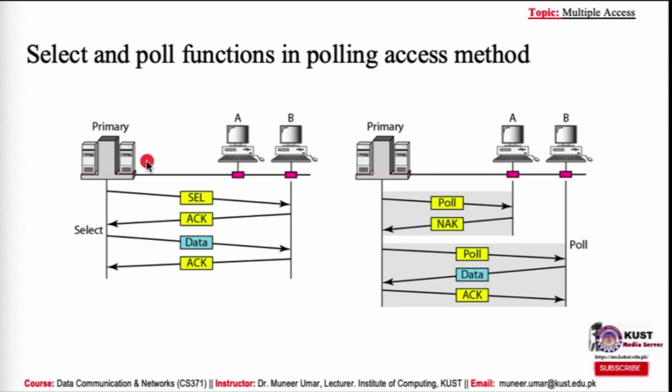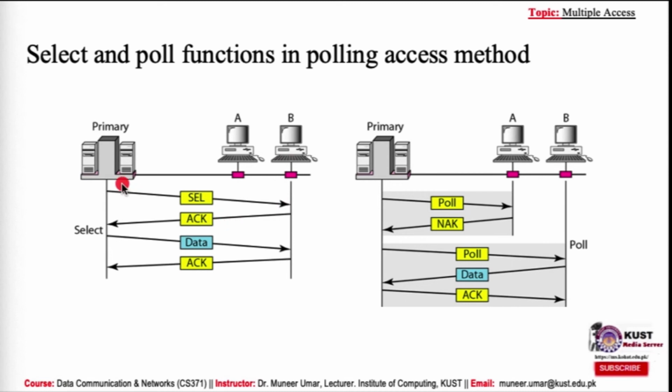Sending is not an issue for the primary device, but the issue might be whether A and B are prepared for receiving or not. So before sending, the primary creates and transmits a select frame, SEL frame, which is acknowledged by the secondary device if it is prepared or ready for reception.